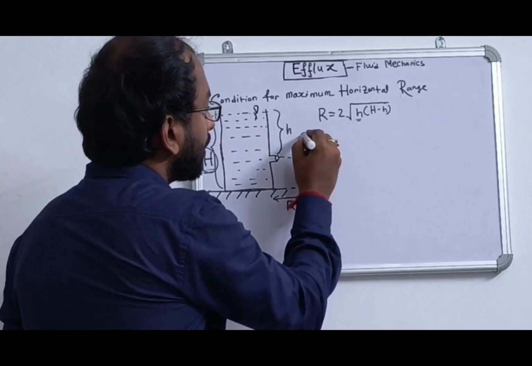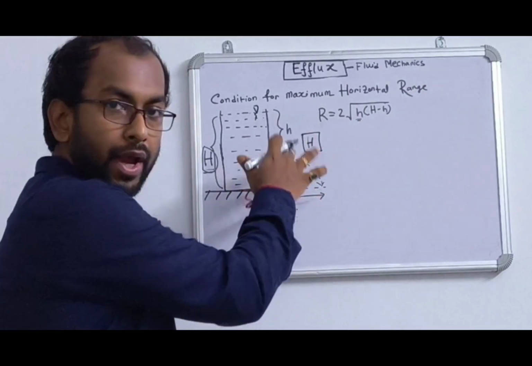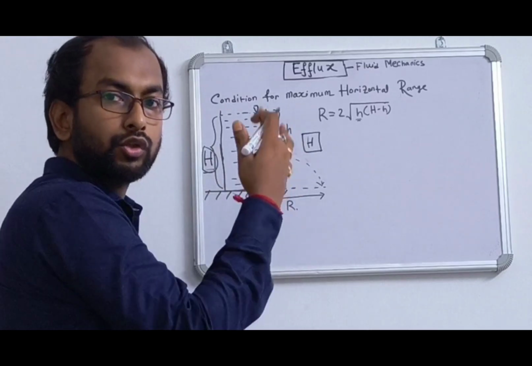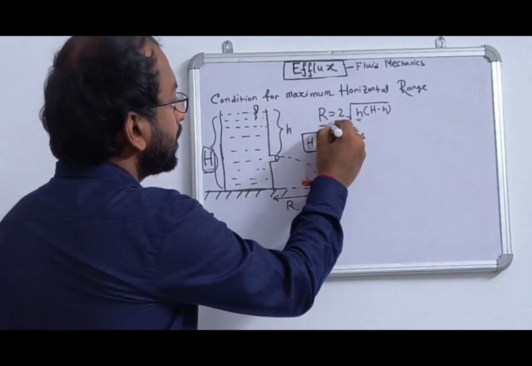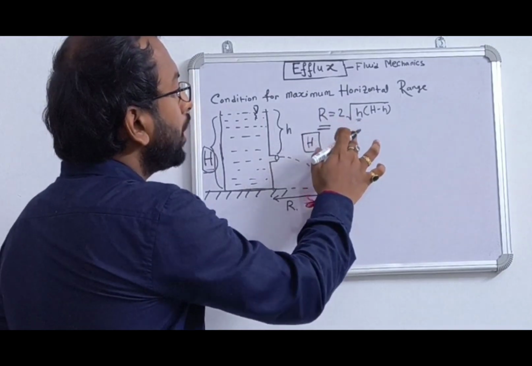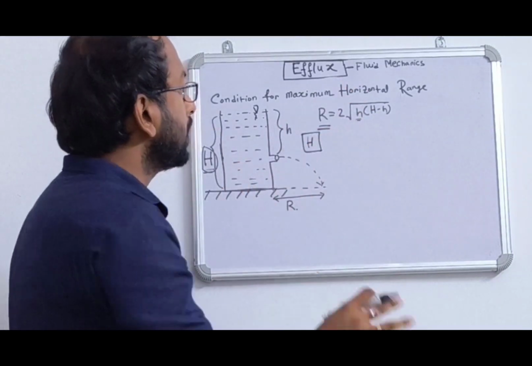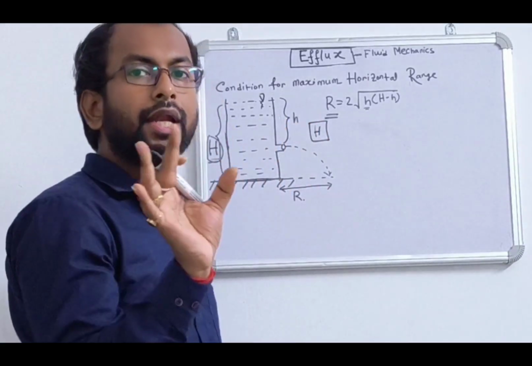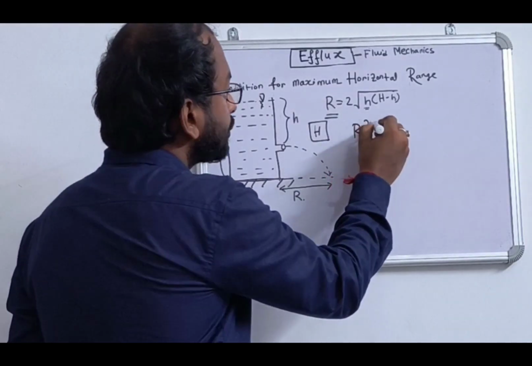Now keeping that constant, where can I make the hole from the surface so that I get the maximum range? The range is given as 2 into root over small h into (capital H minus small h). So I have to find the value of small h so that I get R maximum. R maximum means R square also will be maximum.